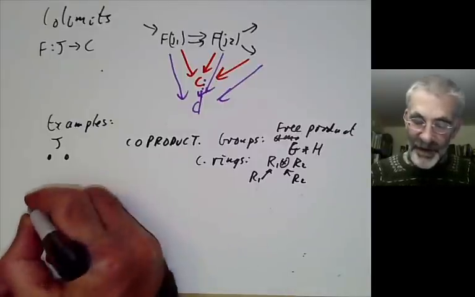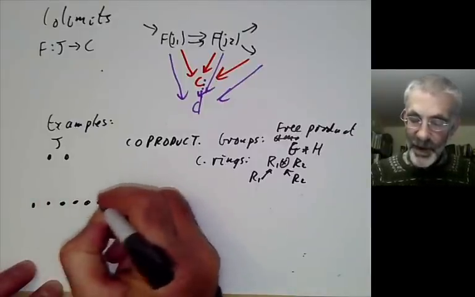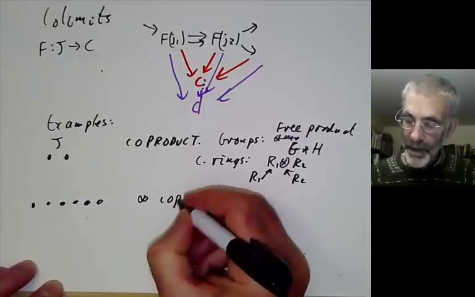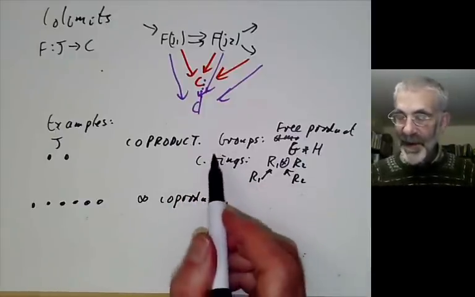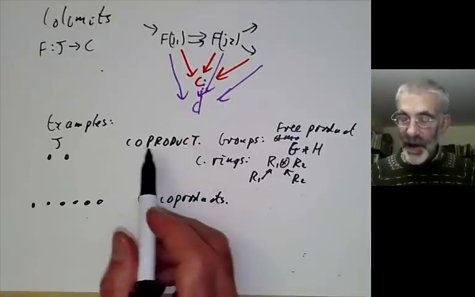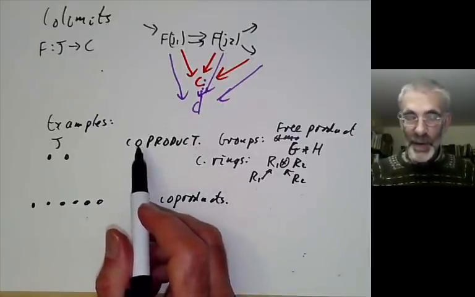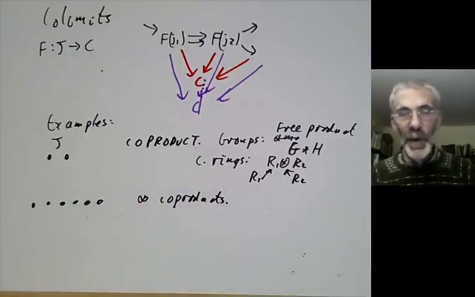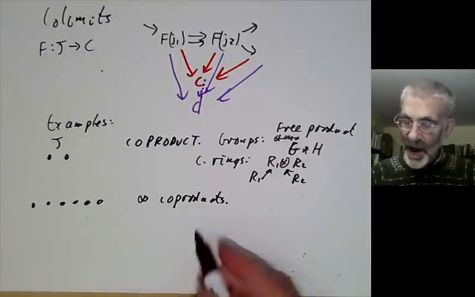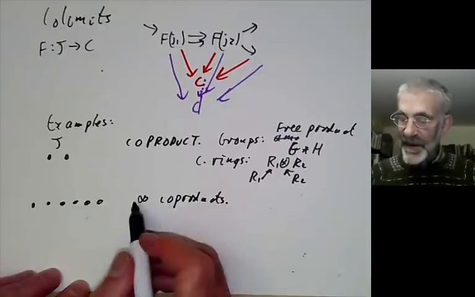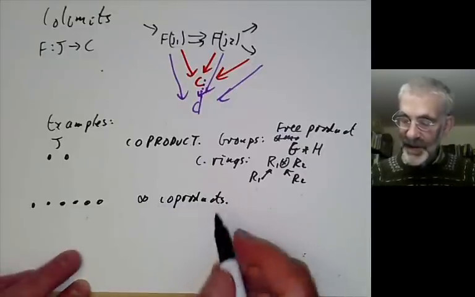Then we can form infinite products or coproducts. The only thing I want to say about this is for abelian groups, you notice the finite coproduct is actually equal to the product. And this is quite unusual. For most categories, the coproduct has nothing to do with the product. But even for abelian groups, infinite coproducts are not equal to infinite products.